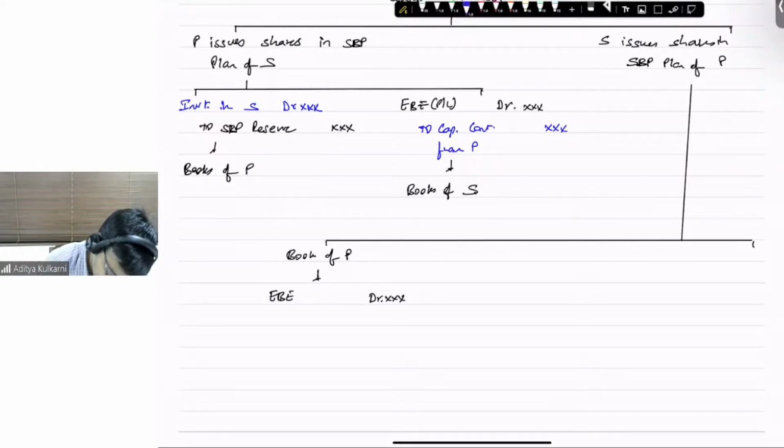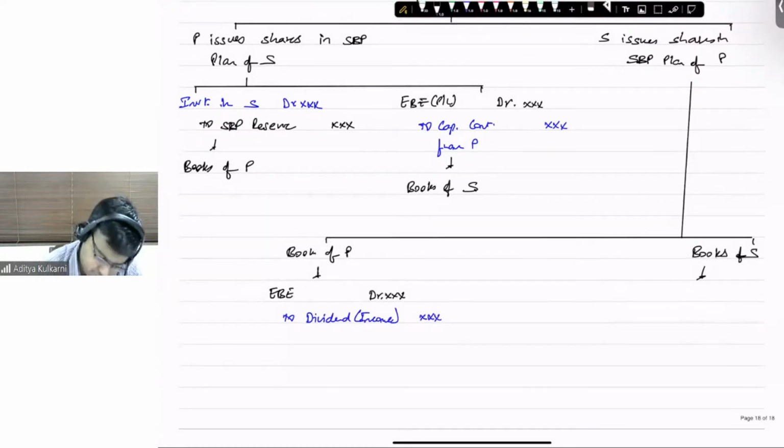This is going to be like dividend income. Next is books of S. Dividend, which is a distribution to SBP reserve.